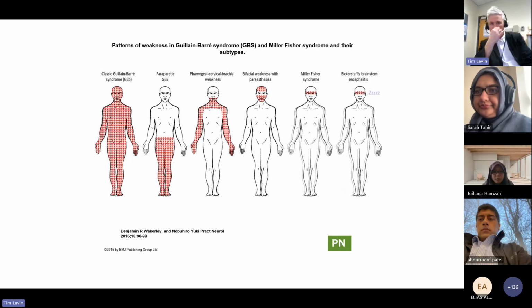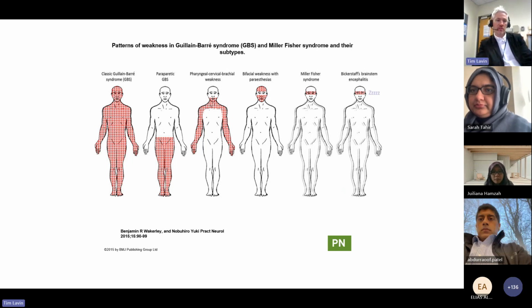And there are different types of GBS. Far left is your classic GBS syndrome. That could be AIDP, AMAN or AMSAN, which we'll come back to in a bit. But there are other patterns of weakness that people get rather than just the ascending weakness, and there are probably two to point out. One is Miller-Fisher syndrome.